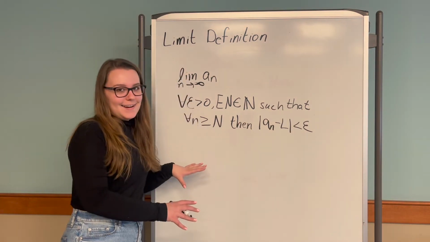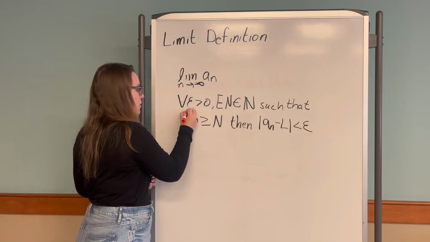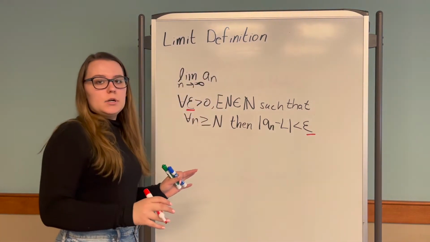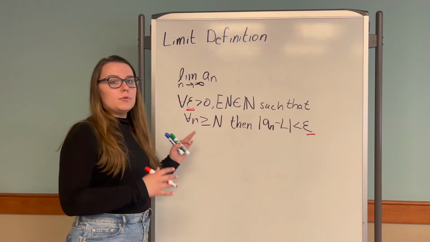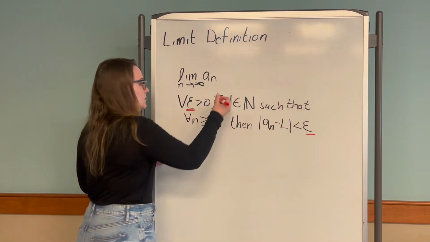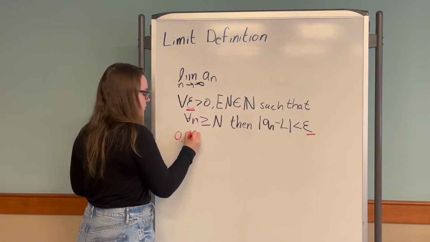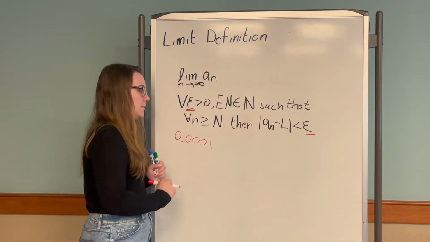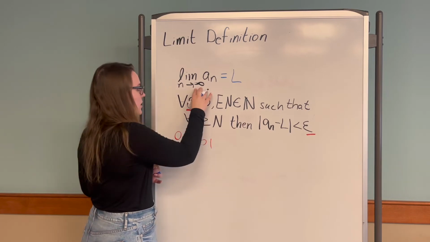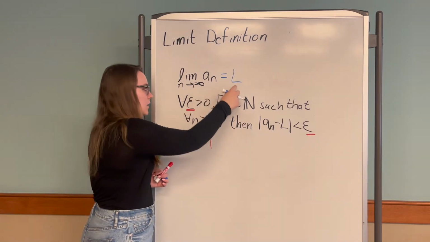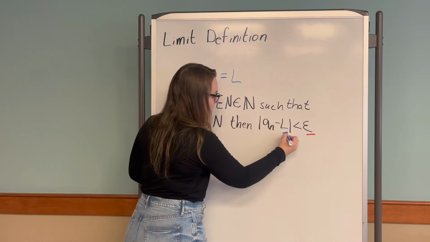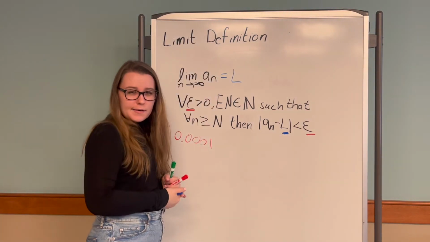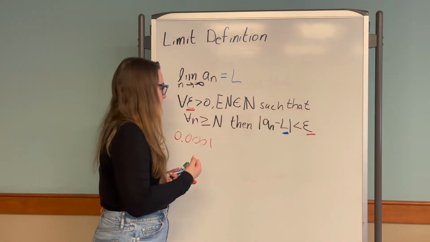So that's a lot of variables. Let me break it down for you. Epsilon is usually considered to be just a very, very small number. When you think of epsilon, think of a really, really small number, like 0.0001 or something. That's our goal for epsilon. Let's say that the limit of a_n as n goes to infinity is equal to L. That is our limit, and that is going to be a value that we find when we look at our sequence a sub n.